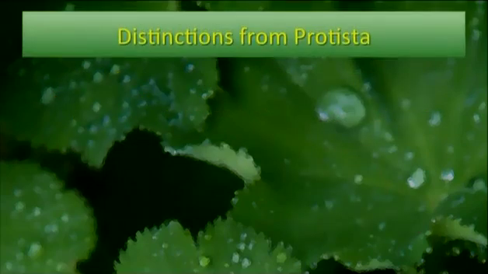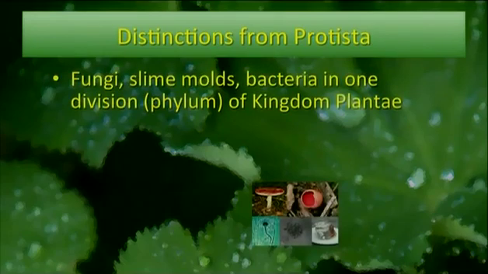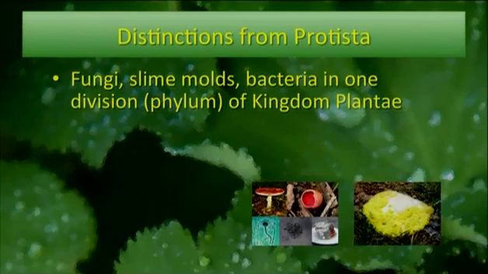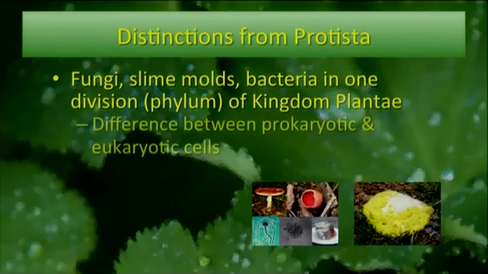So, distinctions from Protista. Before, the fungi, slime molds, and bacteria were put in one phylum of kingdom Plantae. But that was before they knew about the difference between prokaryotic cells and eukaryotic cells. That didn't come along until the 1800s, a couple of centuries ago.